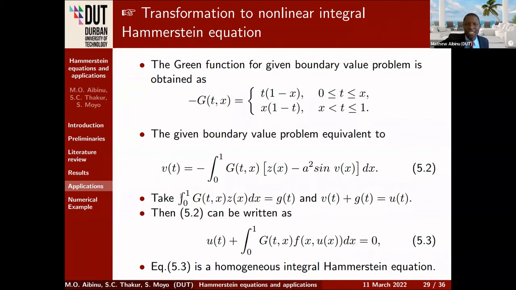Taking this to be equal to G of t and phi of t, and defining G of t to be equal to U of t, equation 5.2 can be written as this. This equation 5.2 is simply a homogeneous integral equation of Hammerstein type.